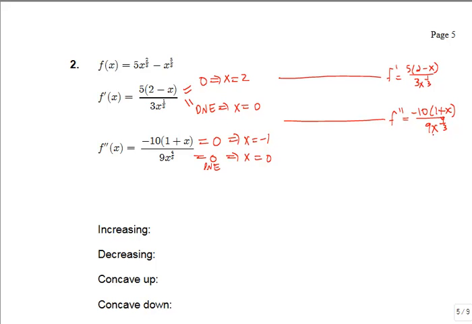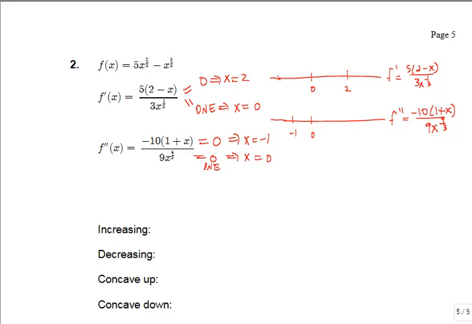Make sure that you're labeling these derivatives so you know which one is which. And on my first derivative number line, I want to put 0 and 2. And on my second derivative, I want to put -1, which would be somewhere over here, and 0 as well. Okay, so there's my two number lines.